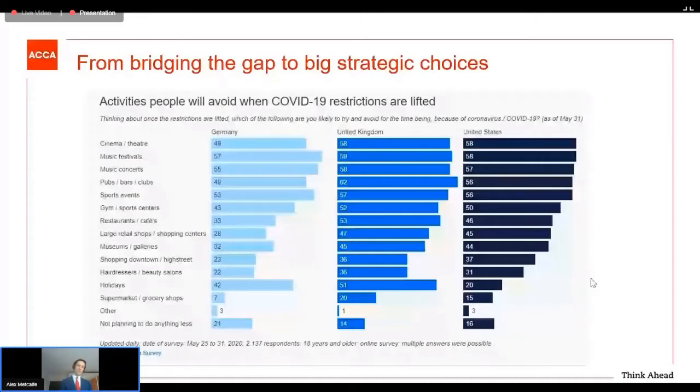What I'm showing you here is actually a survey that was published by the World Economic Forum. They asked a sample across Germany, the UK, and the US what they're planning to do once restrictions are lifted and how that's going to be affecting their behavior. So are any of these within this list areas that they'll avoid? You'll see things like music, theaters, pubs, gyms, restaurants.